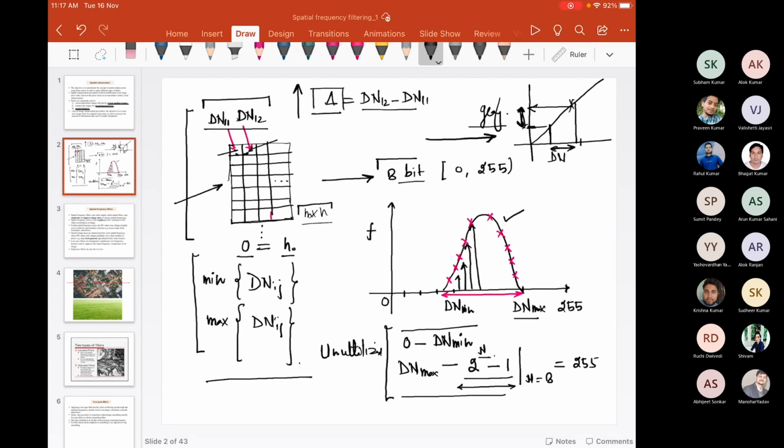How can it be done? Can we do it by modifying the original image?